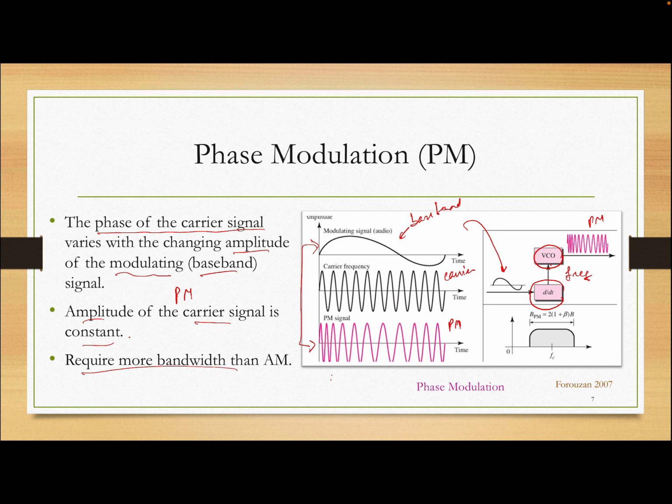You get an output signal that varies with the frequency of the input. This frequency of the input is actually the result of differentiating the amplitude of the baseband. So this is how you make a PM signal, and this is the formula for the PM bandwidth. We'll look at this in a little bit.